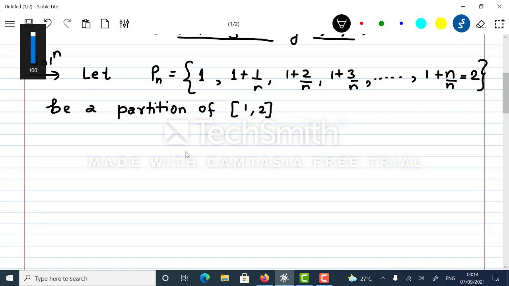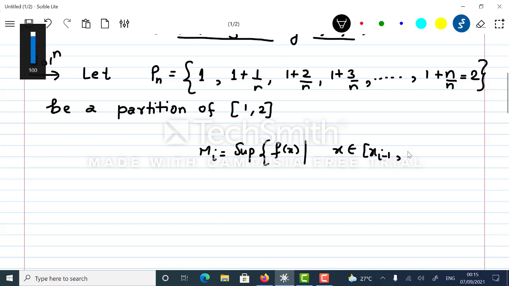So let me define capital Mi as the supremum of f of x such that x belongs to the interval xi minus 1 comma xi.